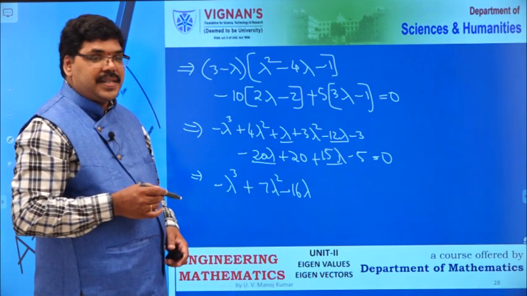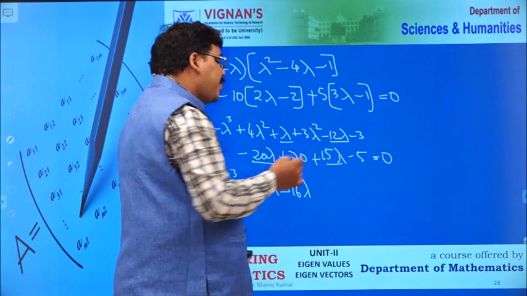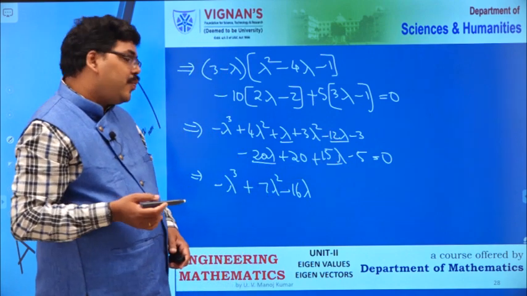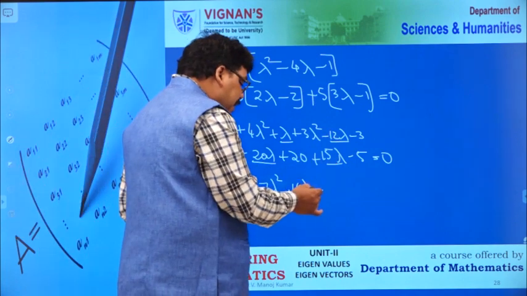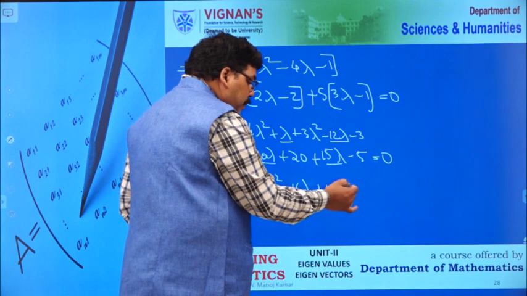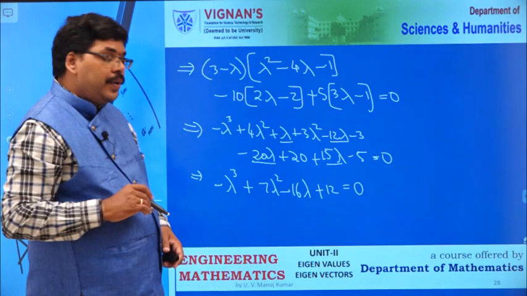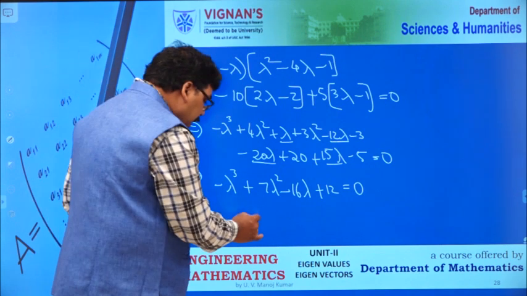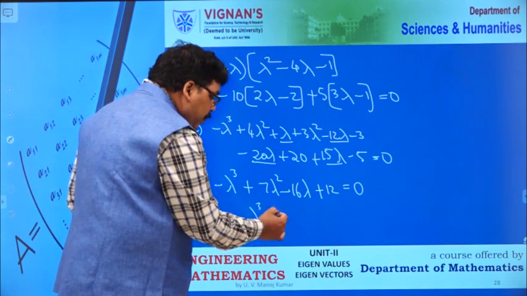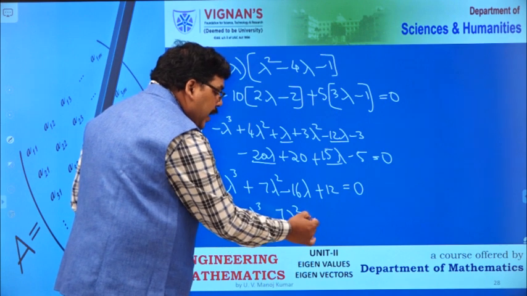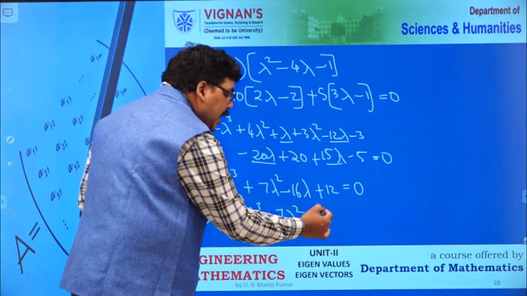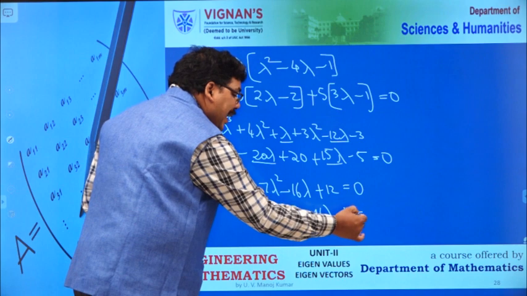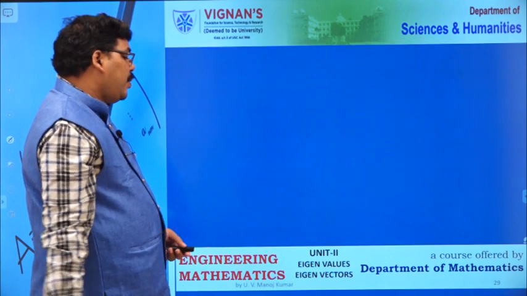What are the constants? Minus 3 minus 5, minus 8 plus 20, 12. So take minus common: lambda cube minus 7 lambda square plus 16 lambda minus 12 equals 0.